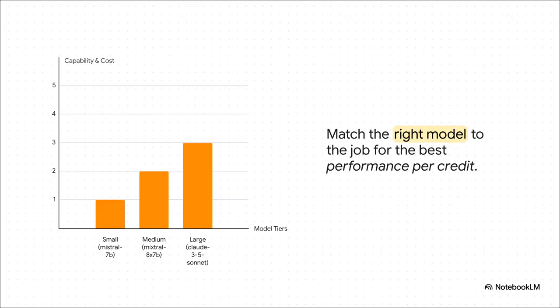For simple, quick jobs like a basic summary or classification, you can use a small, fast model like Mistral 7B or the Llama 3.1 8B. If you're building something like a chatbot or need to create some content, you can step up to a medium model like Mixtral. And for those really heavy-duty problems that need complex, multi-step thinking, you've got the big guns like Claude 3.5 Sonnet. It's all about picking the right tool for the job.